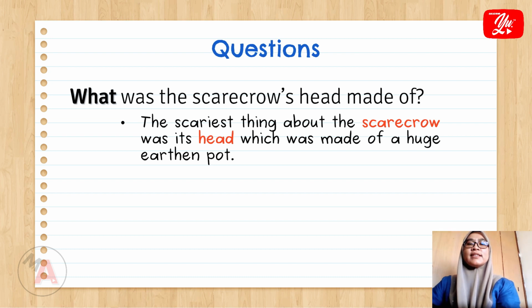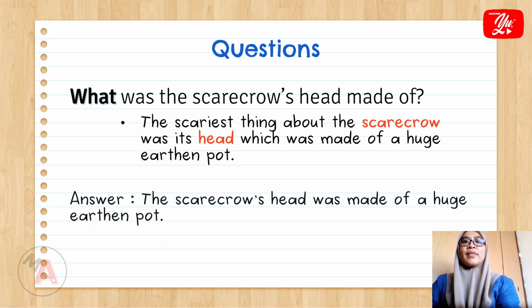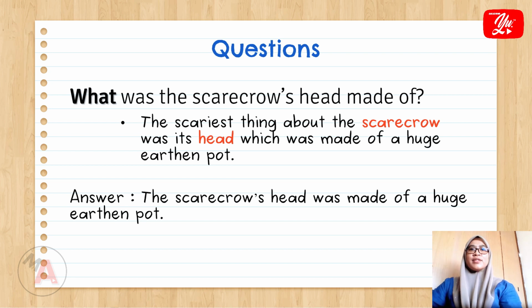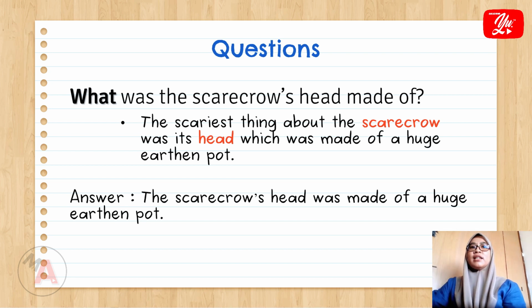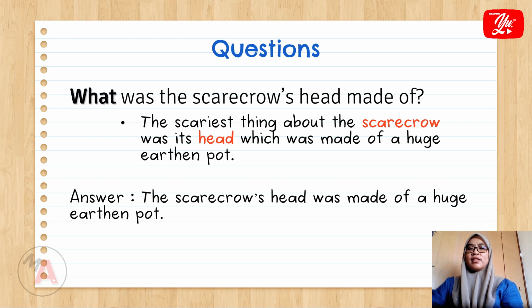Okay, so in the text, we have this sentence, the scariest thing about the scarecrow was its head, which was made of a huge earthen pot. Okay, so the question, bahan apa yang kita gunakan untuk membuat kepala scarecrow tu? Okay, so dalam jawapan ni, it mentions about the scarecrow and its head. Okay, so it was made, okay. So the answer is, the scarecrow's head was made of a huge earthen pot. Okay, so kita ambil balik jawapan yang ada dalam teks.